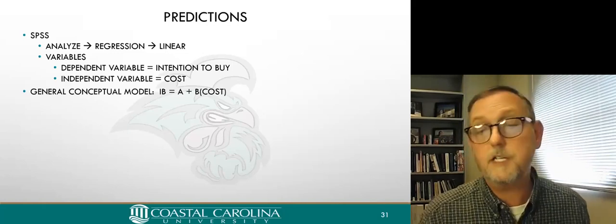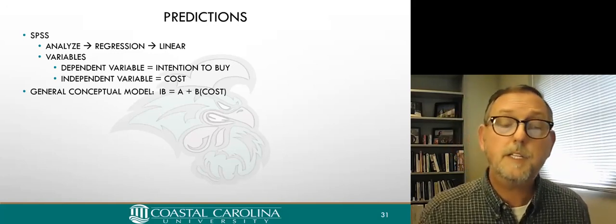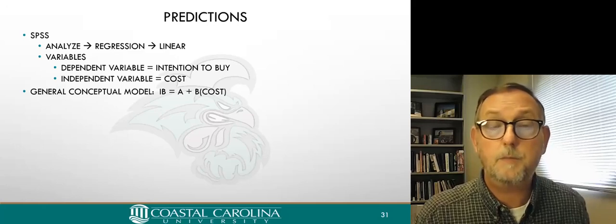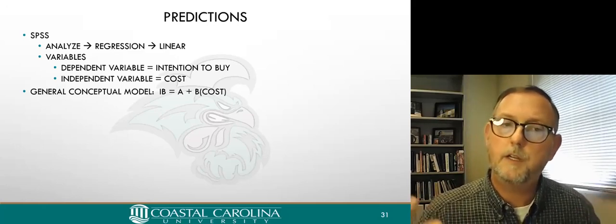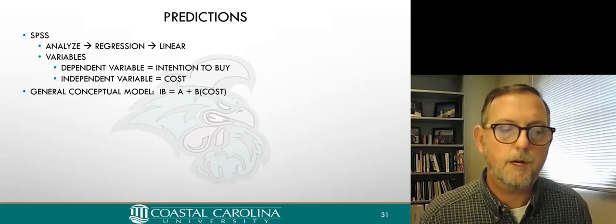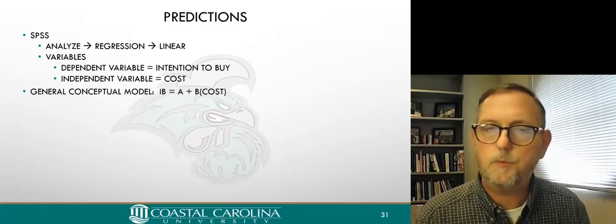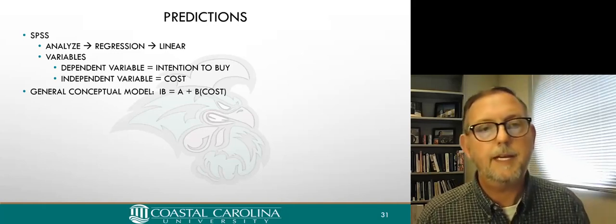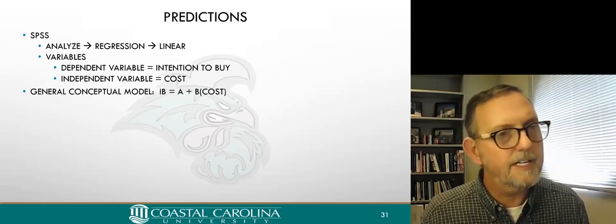Okay, the general conceptual model is going to look like what we just had. In this particular case, we have a dependent variable called intention to buy. That's the outcome, the consumer's plan or expectation that they will buy. And cost. I don't know how cost is defined here.